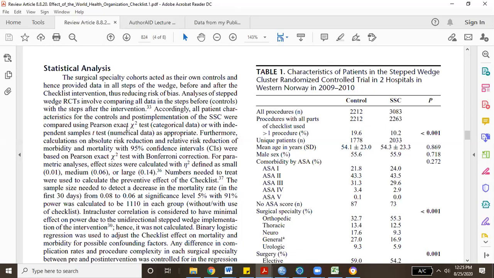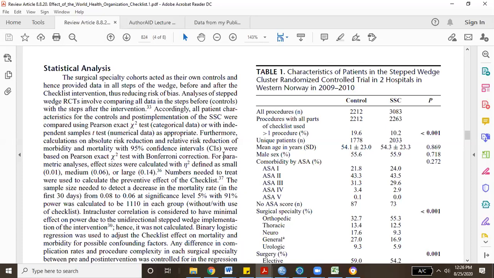And that Yates corrected chi-square is equivalent to the Pearson's chi-square that is usually reflected when you're using SPSS statistical software. The Mantel-Haenszel chi-square is usually recommended when you are doing a case control study.